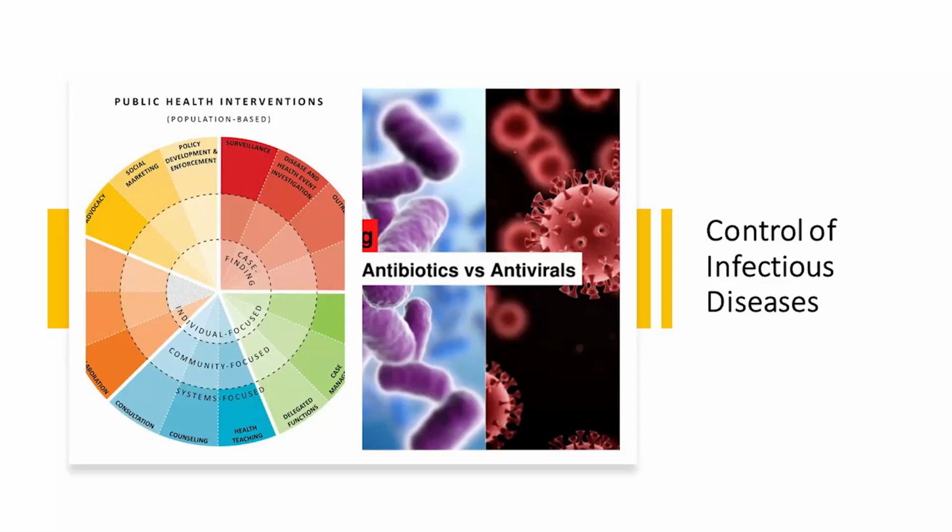The third part is control of infectious diseases. The biggest challenge to mankind has been infections. Infections can be bacterial, viral, fungal. These are also organisms trying to thrive in this universe alongside the human race, and it's always a fight between two races.